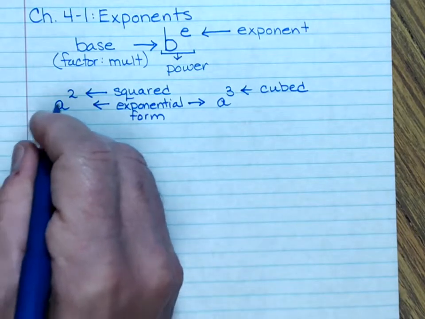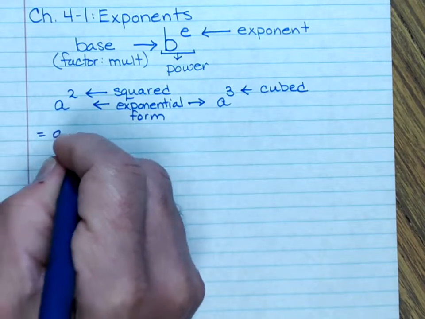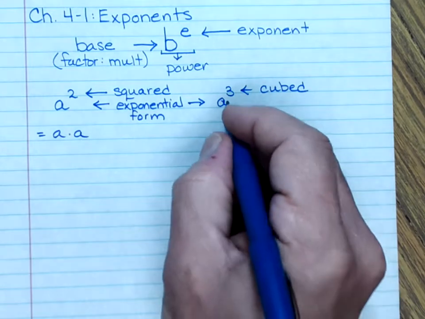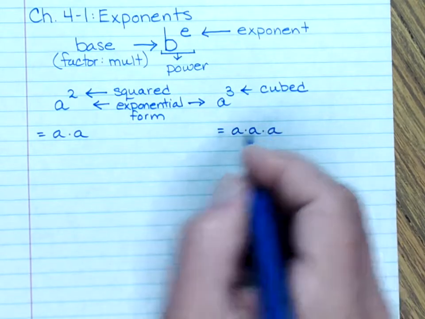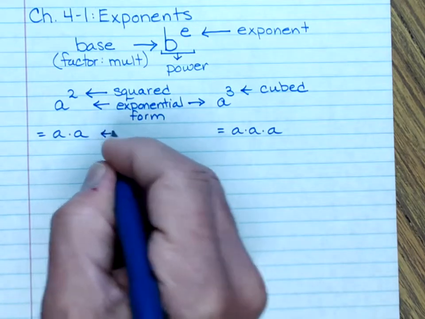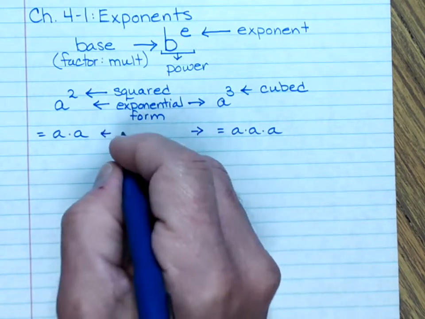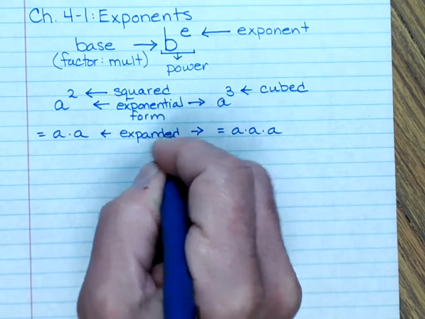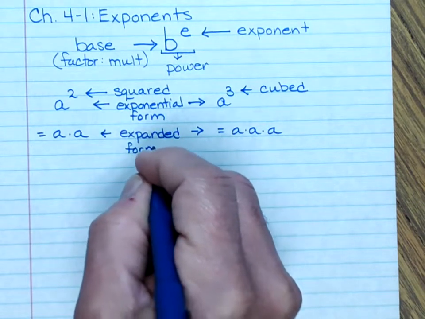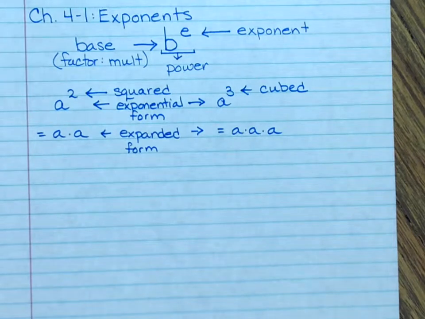And a squared means a times a. A cubed means a times a times a. Right now, these are in expanded form. We'll talk more about the terms squared and cubed tomorrow.